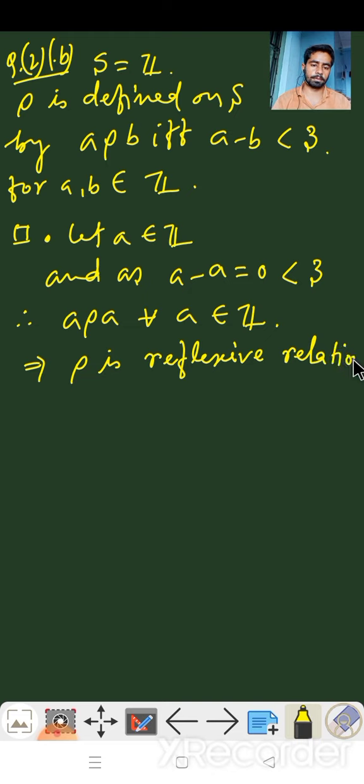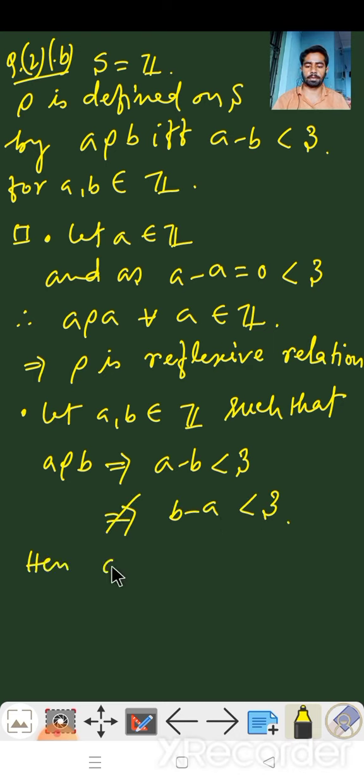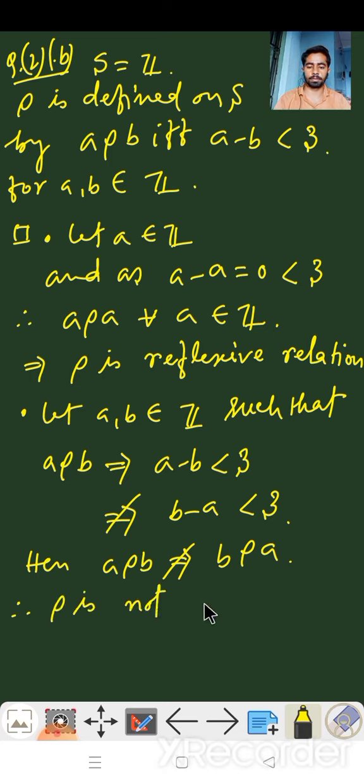Let a, b belong to Z such that a is related to b, which implies that a minus b is less than 3, and which does not imply that b minus a is less than 3. Hence, a is related to b does not imply b is related to a, and therefore rho is not symmetric.